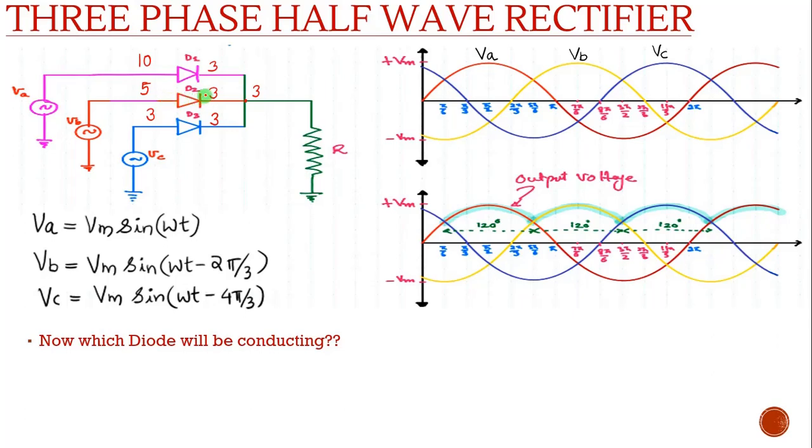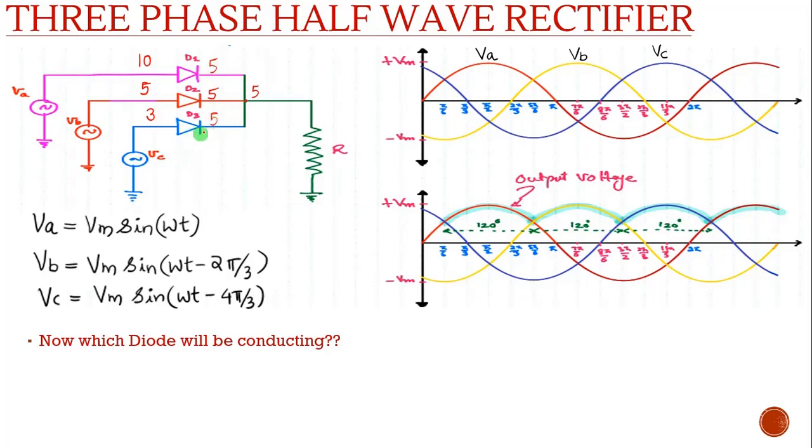This diode will be forward bias, because in anode side it is 5 volt and in cathode side it is 3 volt. So this 5 volt will be coming here, and here it will be 5 volt everywhere.